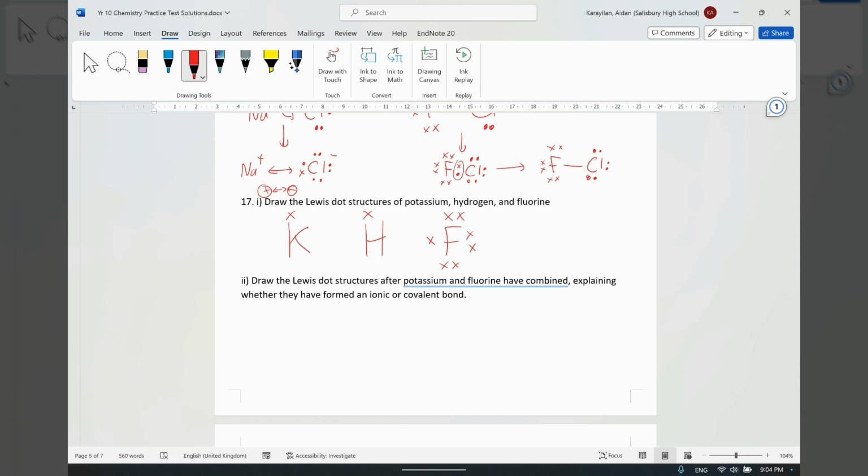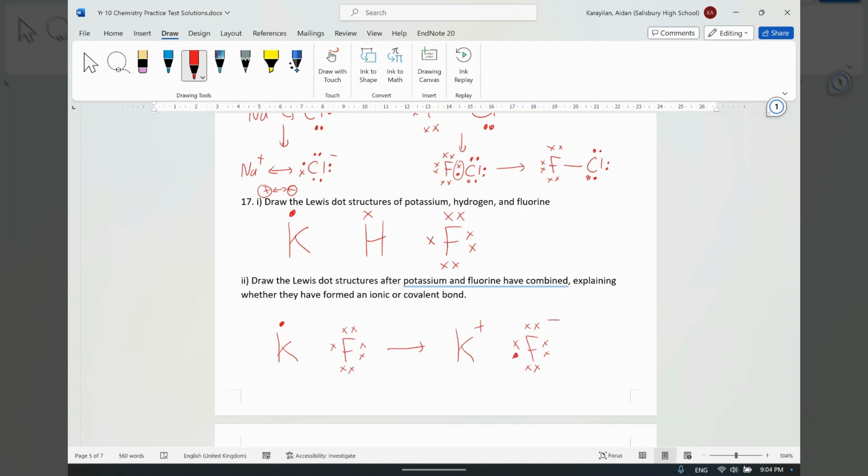So our potassium, I'll redraw it actually up here as a dot just for fun. So we have our K started like this. Now fluorine started like this. They're going to end up as our K plus, losing that electron, and our fluorine is going to have stolen that electron.